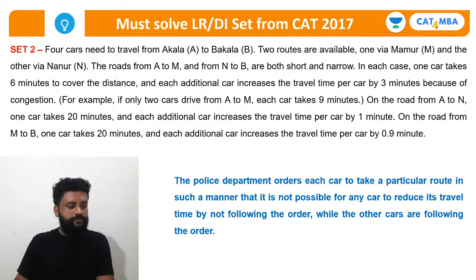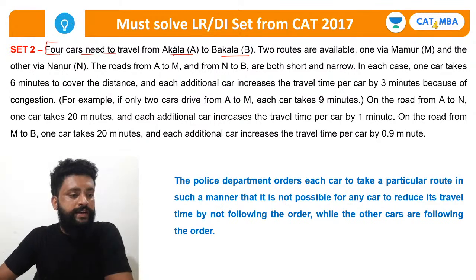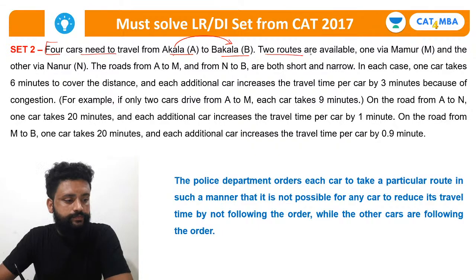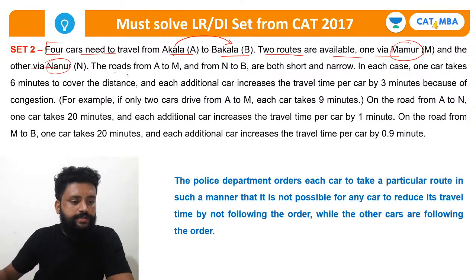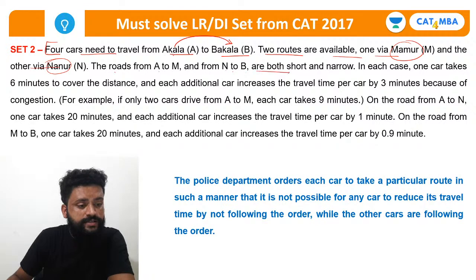Four cars need to travel from A to B. 2 routes are available, one via M, Mamur, and the other via Nanur, N. The roads from A to M and N to B are both short and narrow.